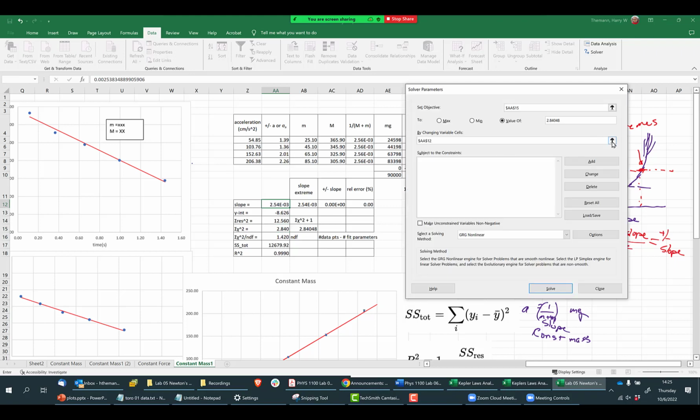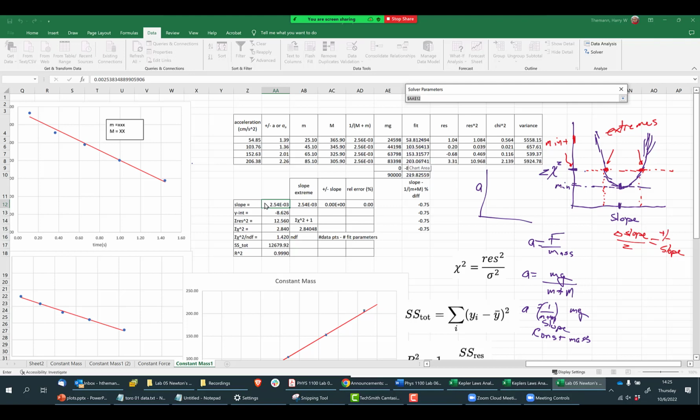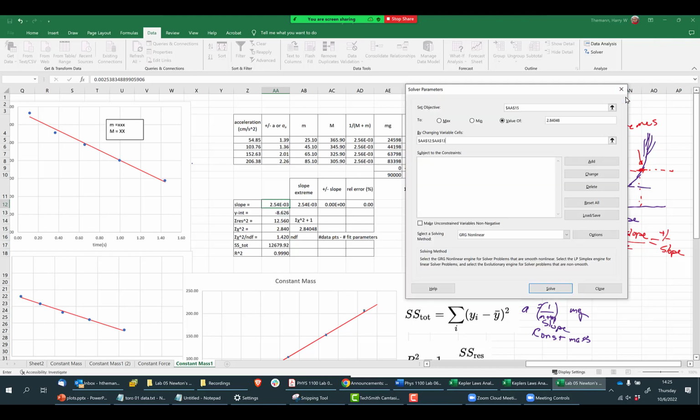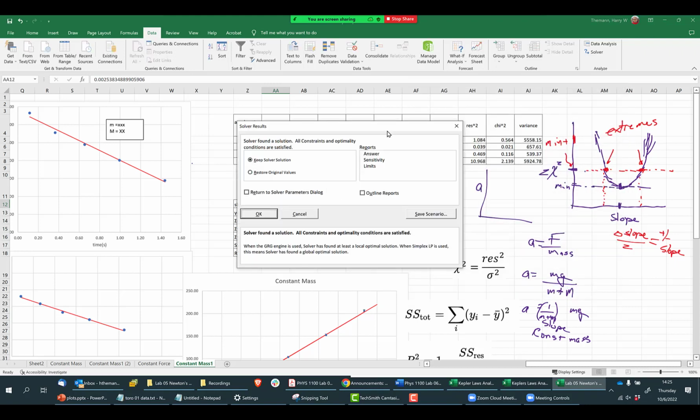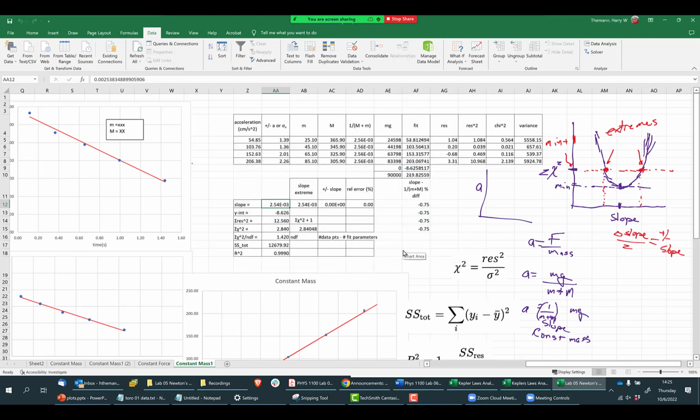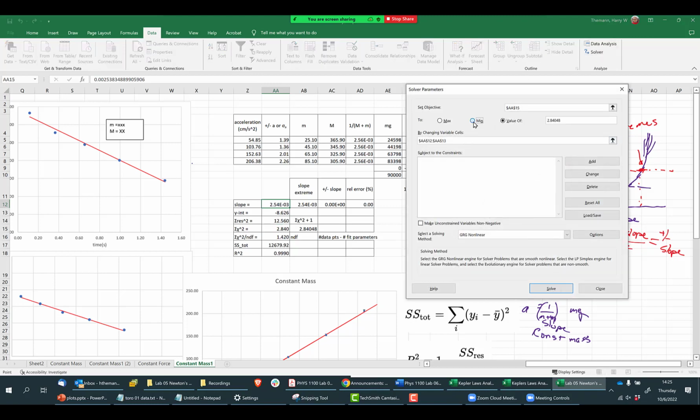And also now we have to remember we want to do the slope and the y-intercept. And we hit solve, and looks good. Okay, now, nothing happened. What did I do? Oh, I know what. I forgot to say minimize.